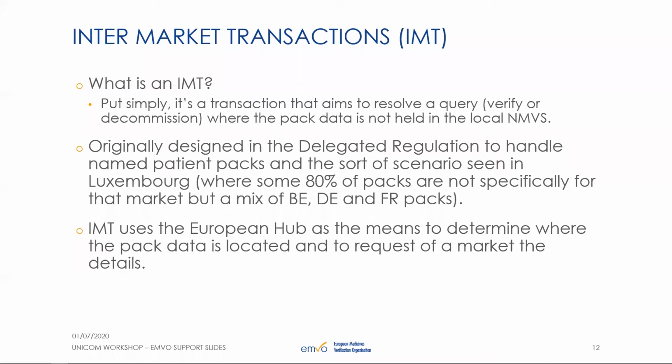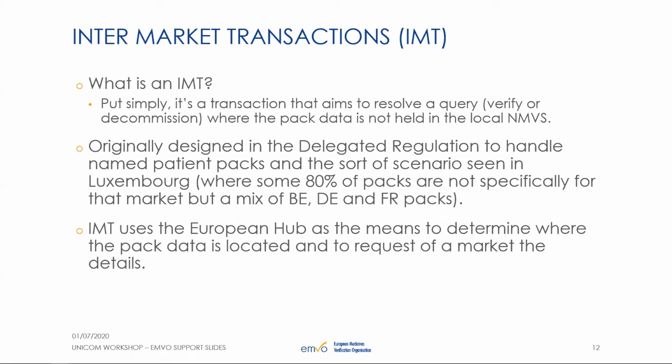Then the European hub pushes this data into the national system in France, Italy, or Spain. So when I have my pack in Spain, I have the data in the Spanish system. What happens when I have no data because I have a French pack in Spain?